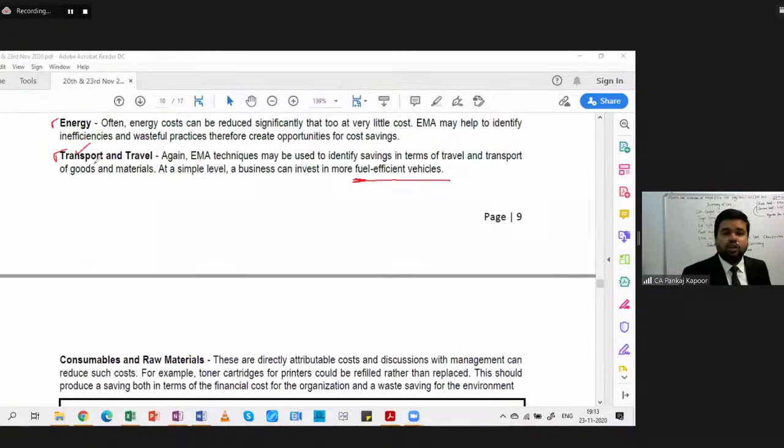And in order to reduce the transport and travel cost, because transport and travel are largely responsible for pollution, since you are consuming diesel or petrol, which are non-renewable resources, and secondly, you are emitting carbon. In order to reduce that, what can you do?